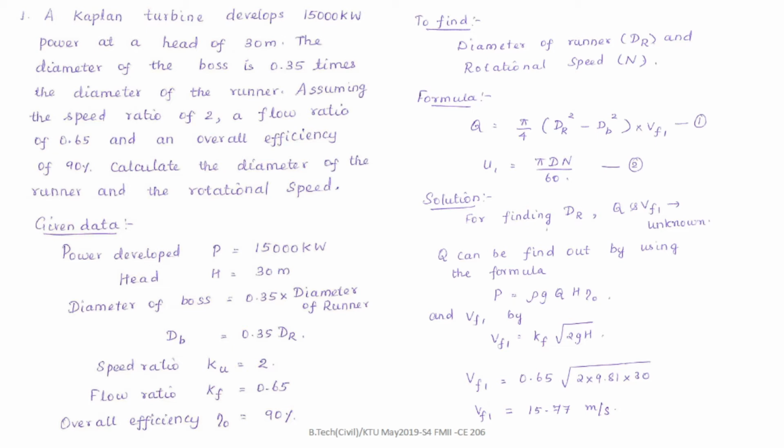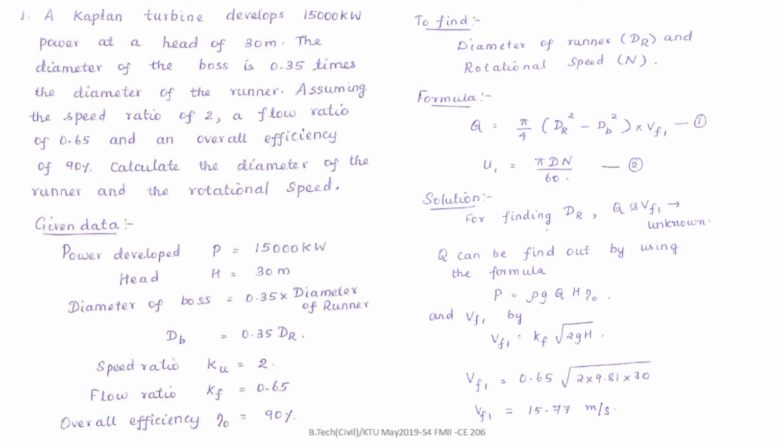If we don't know the values for Q, DB and Vf, we can't find DR. So how can we find? Here they didn't give the value of Q or the value of DB. They have given only the value for Vf.